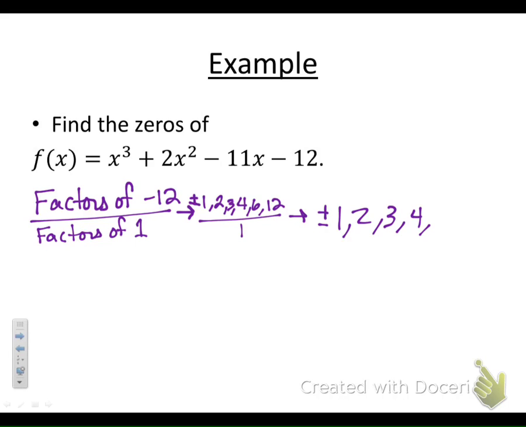These are my possible numbers I'm going to pick from. We're going to start testing these, and we're going to start with positive 1 and see if it works. If positive 1 works with synthetic division using these coefficients, and what I mean by works is the goal is to have no remainder. If there's no remainder, then that means we found a 0 or an x-intercept.